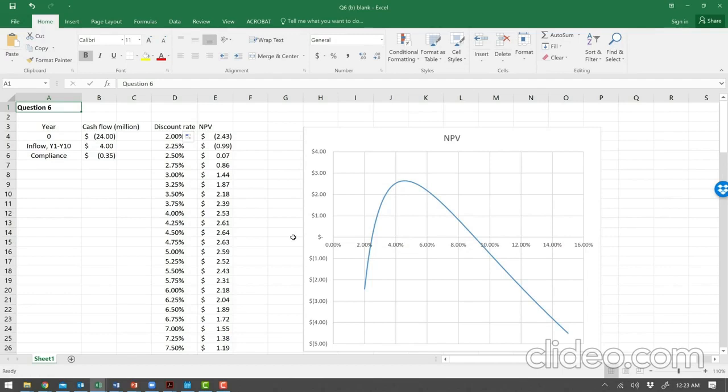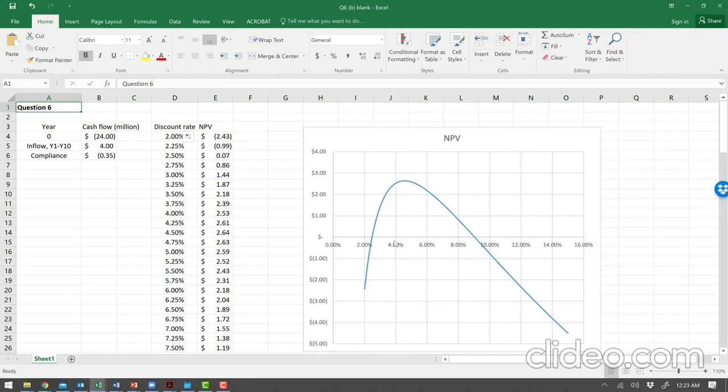Let me make another remark. The NPV profile here shows that this project has two internal rates of return. The first one is somewhere between 2 and 3%, and the second one is somewhere around 9%. But when we used goal-seek tool, it gave us only one solution. The reason for this is the initial guess or the starting point.